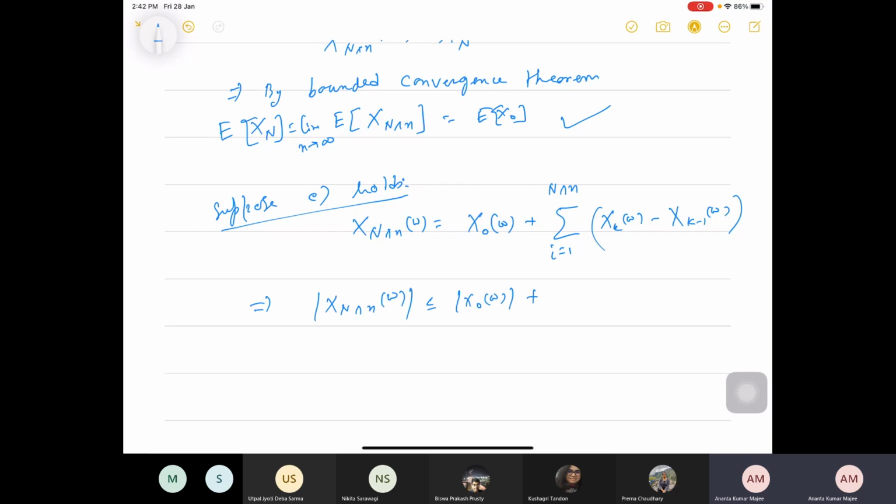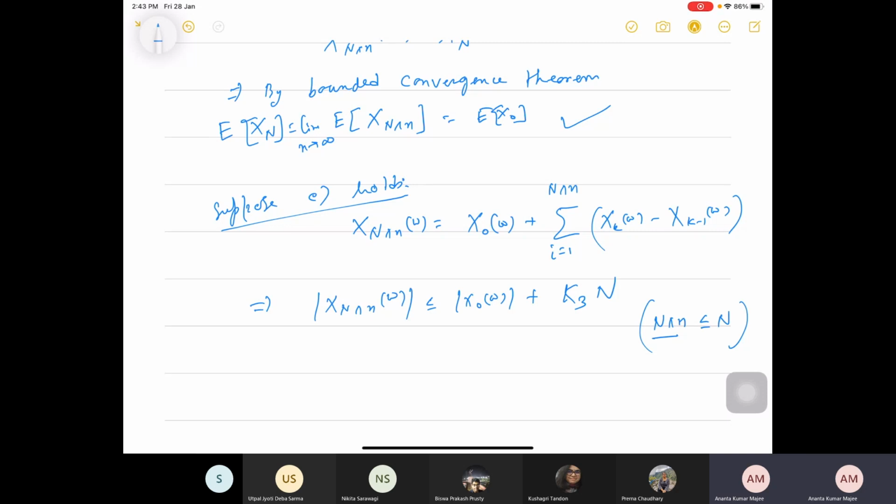Plus I can take the modulus inside, and what I know is that for each k, |X_k minus X_{k-1}| is less than or equal to k3, and then whatever I have, the number of terms is basically the minimum of n and N, hence I can also put less than or equal to N, because n∧N is always less than or equal to N, because this is the minimum. By the definition of minimum.